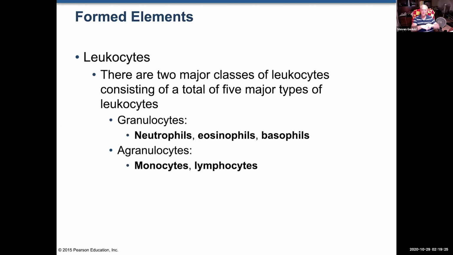The granulocytes have 3 types: neutrophils, eosinophils, and basophils. The agranulocytes are monocytes and lymphocytes. So there's a total of 5 types of leukocytes, 3 of them granulocytes, 2 of them agranulocytes. It just means the presence or absence of granules in the cell.